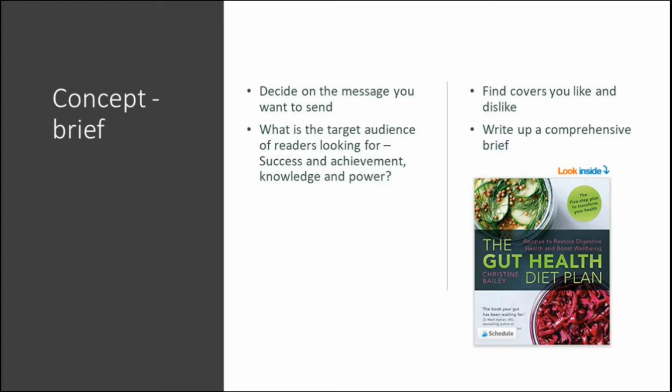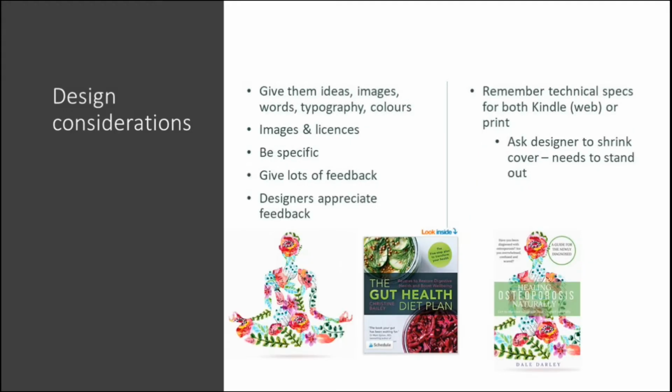When I came to design my latest book cover, I looked at lots and lots of covers, and I collected lots of images, and I whittled it down to this one. So I gave them lots and lots of ideas. I chose an image, again looking at lots of different kinds of images. My book is about osteoporosis, and it's about natural healing.